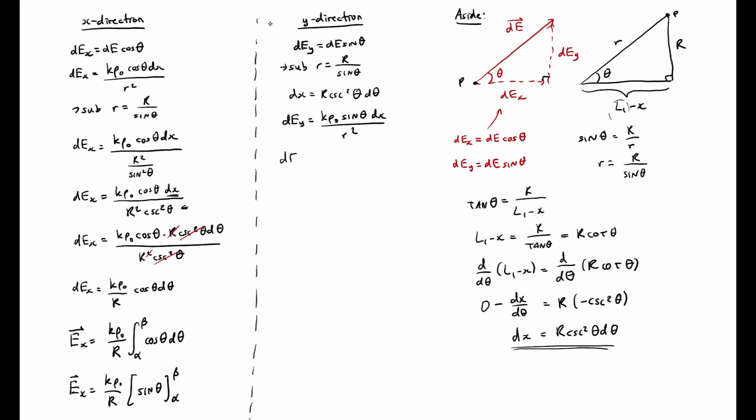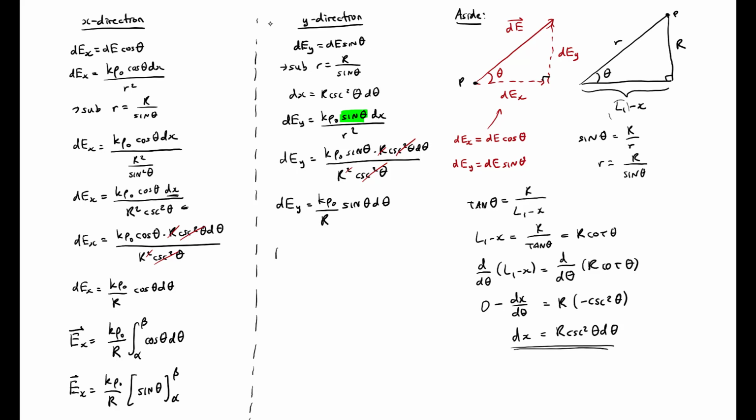The only difference here is just our sine theta. So we can just rewrite what we've done before: k rho naught sine theta times r cosecant squared theta d theta divided by r squared cosecant squared theta. Remember, these canceled, and all that's left is dEy equals k rho naught over r sine theta d theta.